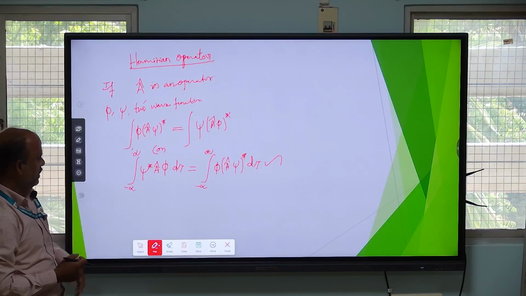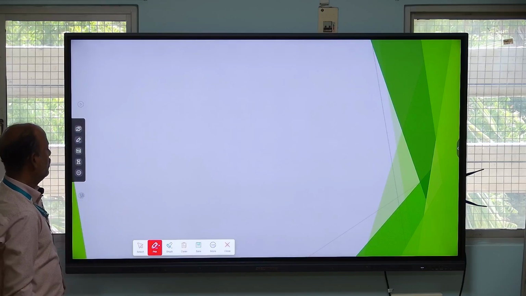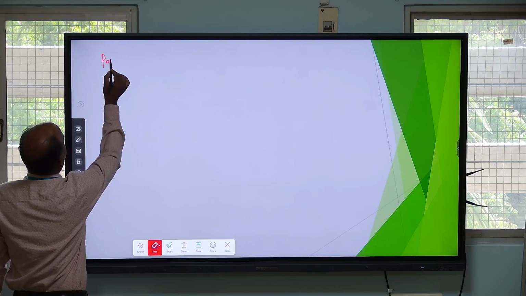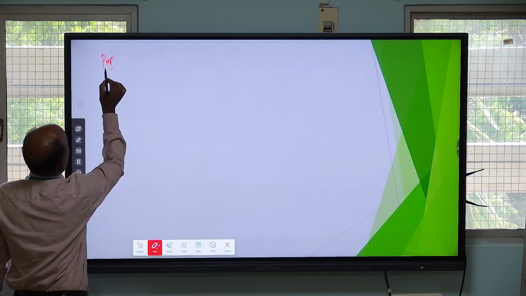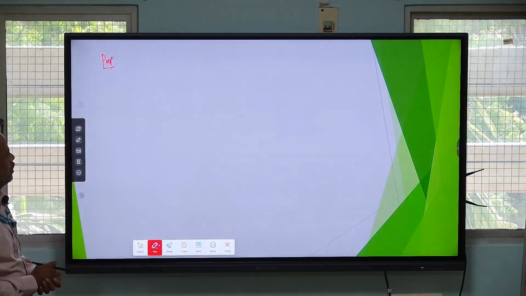Now next we are going to see the proof of the Hermitian operator.